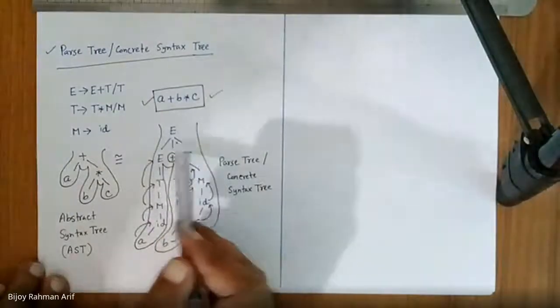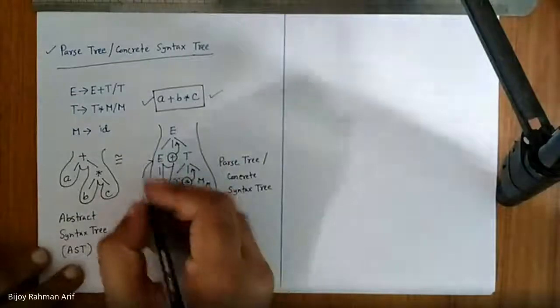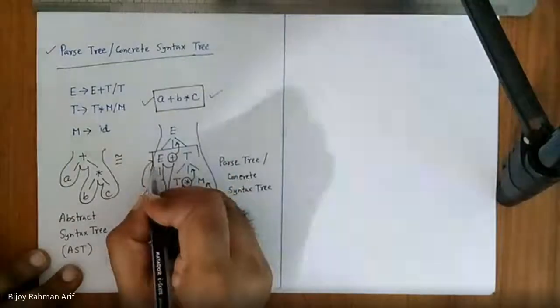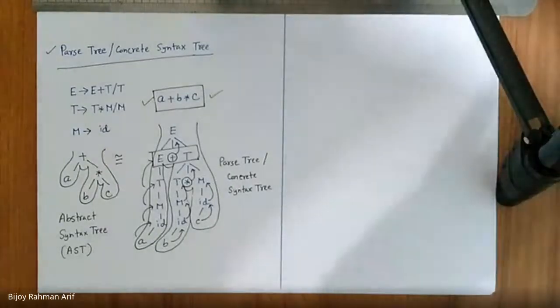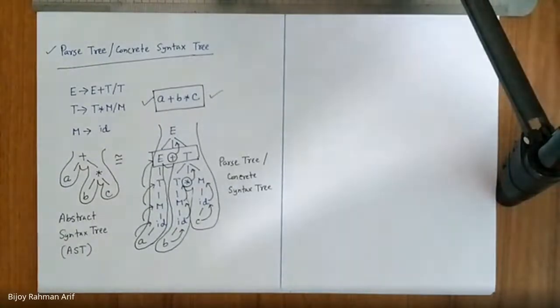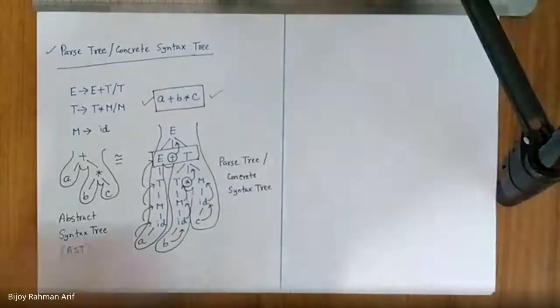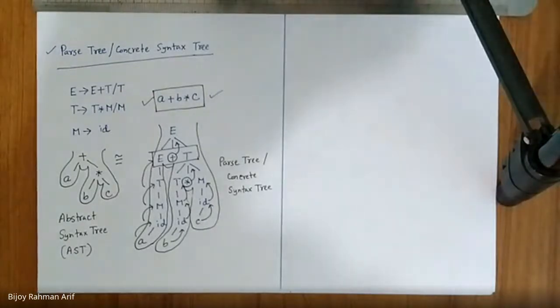On the other hand, just look at this level, whenever there are more than one variables or terminals on the right hand side, if it is a binary operator, the middle one, that means the operator, is going to be the root or parent, and the left side and right side will remain the same. Did you get it? So this is the technique. Is it clear to you guys?